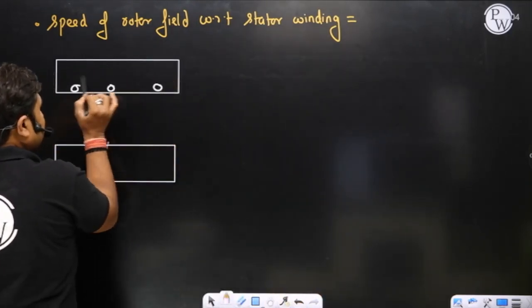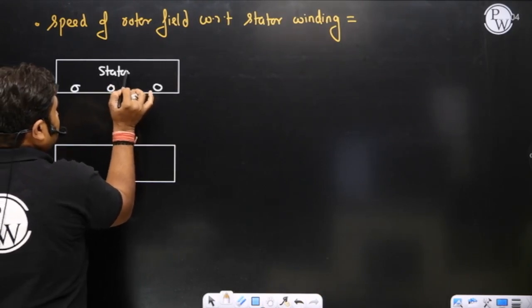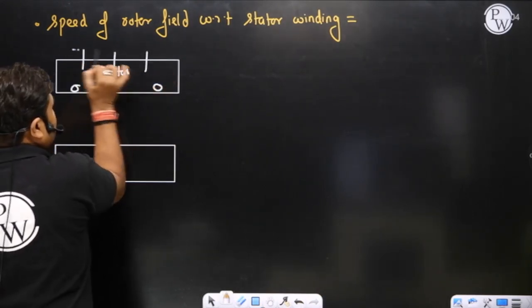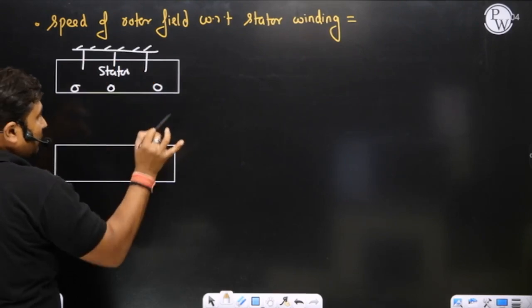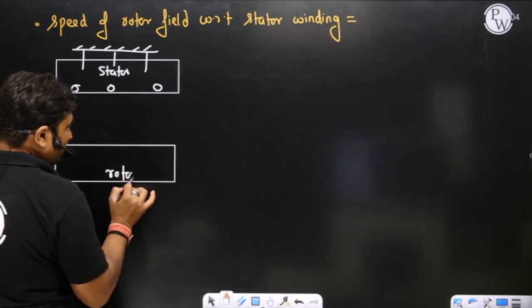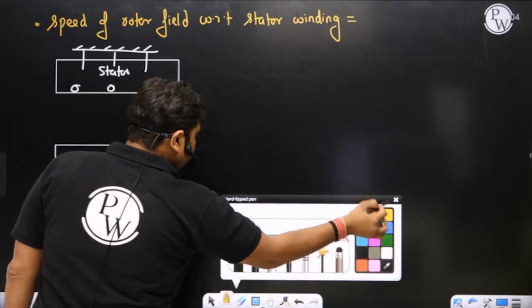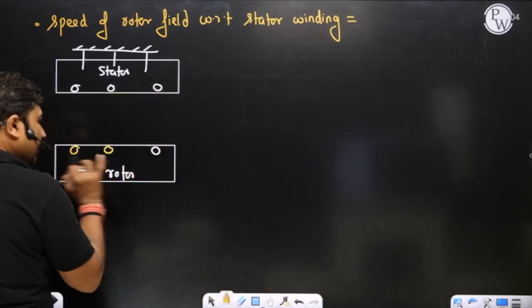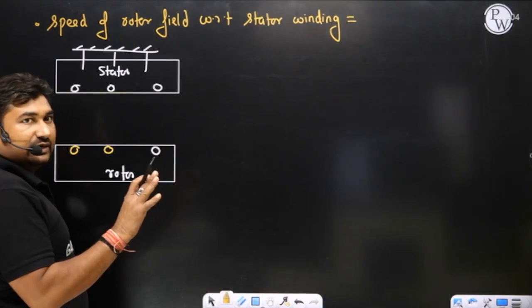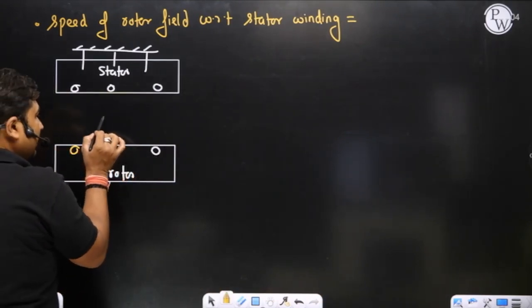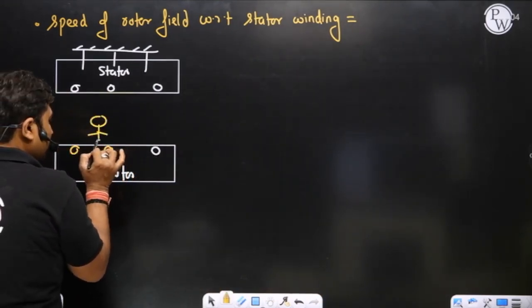We have a stator that can't move. So, stator is stationary. Remember that stator is stationary, it can't move. And rotor is free to rotate. Now, please observe here. Because of the current flowing into the rotor winding, rotor will create a rotating magnetic field. Let us suppose this to be the rotor field.